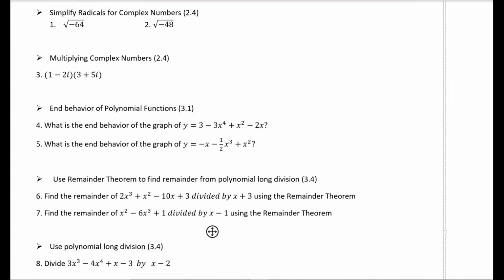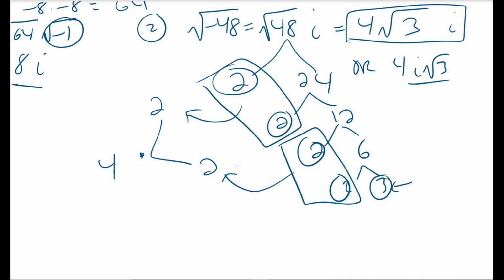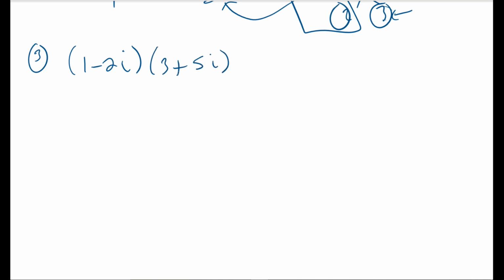So let's go back to the third, multiplying complex numbers. So you got to know how to multiply numbers that have imaginary components to them. So let's start with that then. All right, so for number 3, we have 1 minus 2i times 3 plus 5i. So in order to do this, you have to do a FOIL.